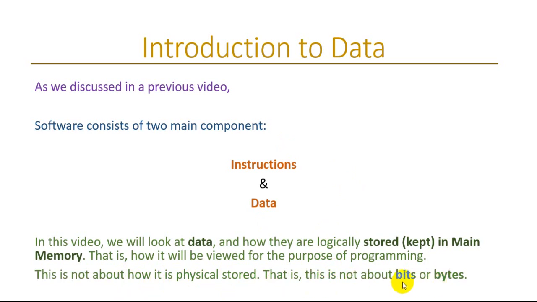When you talk about how data or instructions are stored in the main memory, the physical storage and what shape it takes, that is bits and bytes. That is not what we are doing in this session. We are just looking at data from the perspective of programming.